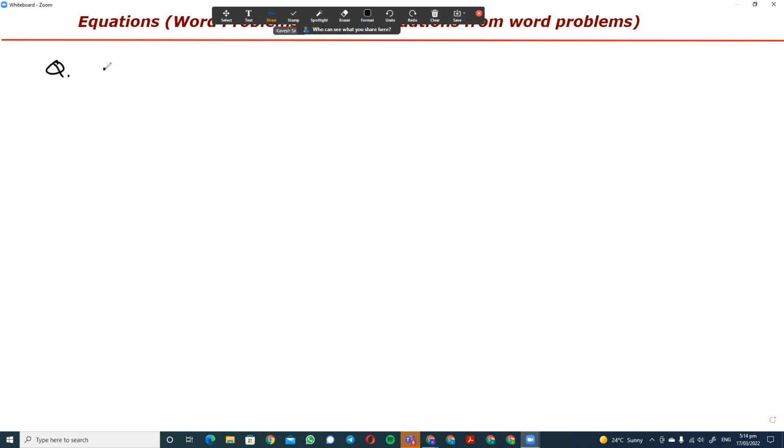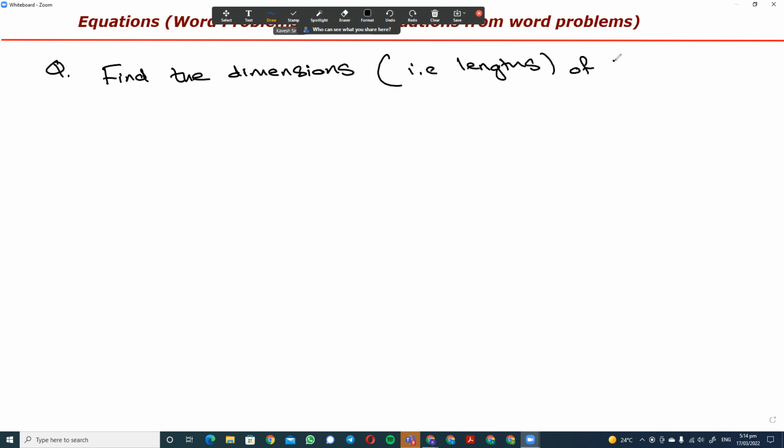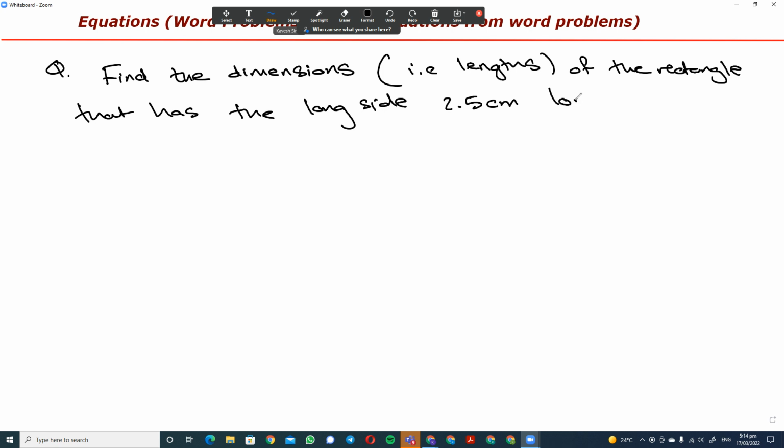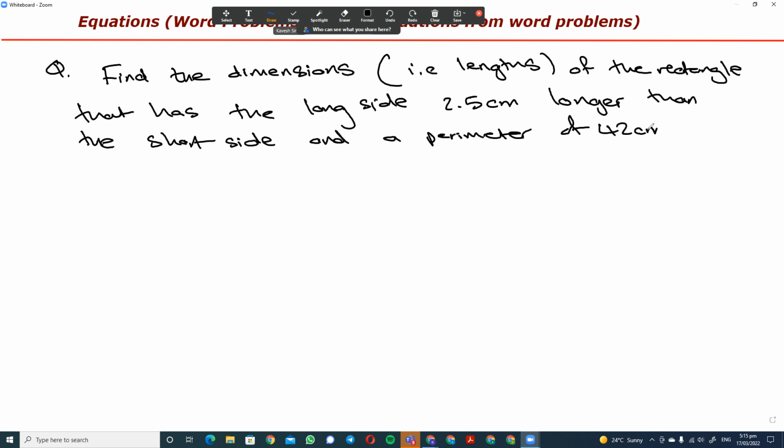Okay, so this question here says, find the dimensions, i.e., that means that is length of the rectangle that has the long side 2.5 centimeters longer than the short side, and a perimeter of 42 centimeters.